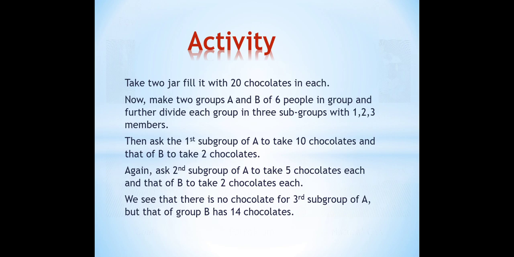But in group B, the first subgroup member took two chocolates, then the second subgroup members took 2 chocolates each, so 2 plus 2 plus 2, a total of 6 chocolates has been taken, and there are still 14 chocolates left for the third subgroup. If the third subgroup members also take 2 chocolates each, only 6 more chocolates will be used and still 8 chocolates will remain.